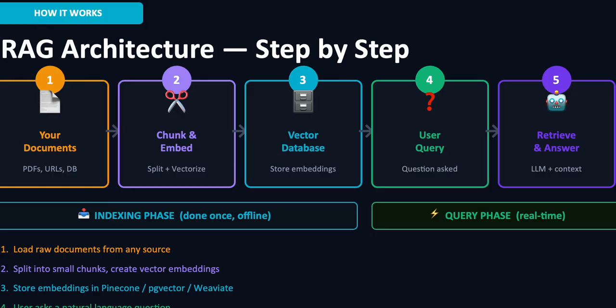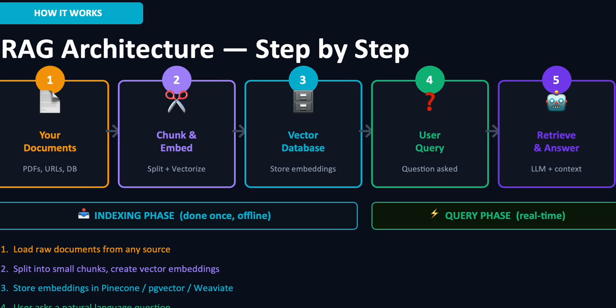Step 3 is the vector database. All these embeddings, these GPS coordinates, are stored in a special database called a vector database. It's like Google Maps, but for the meaning of text.